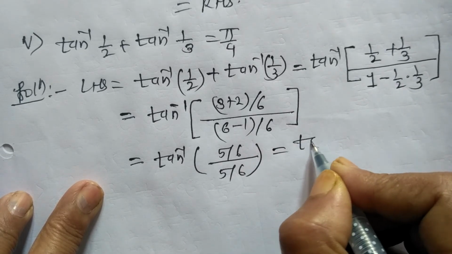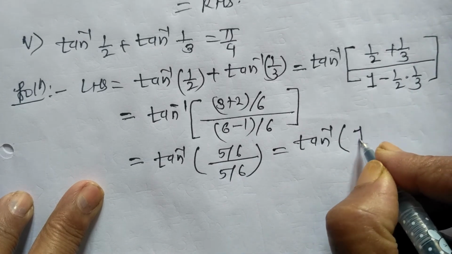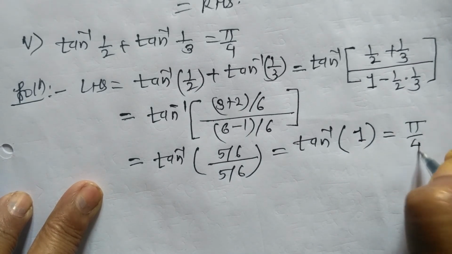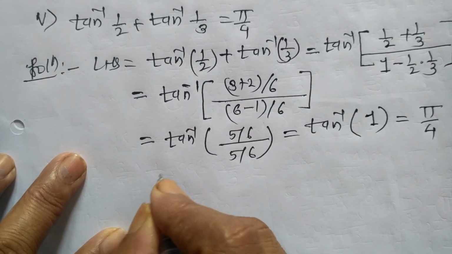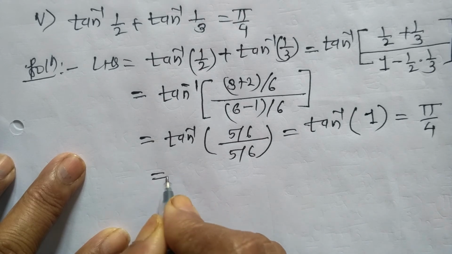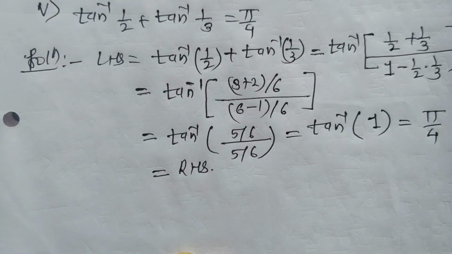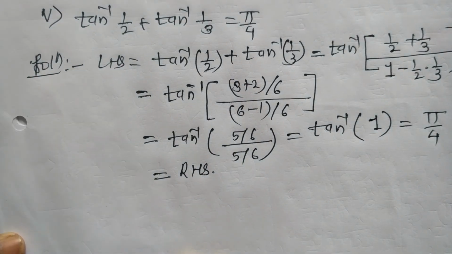So by cancellation of the denominators, both terms being the same, we get the value tan inverse 1. But tan inverse 1 is nothing but pi by 4, by using the concept of principal value. Therefore tan inverse 1 is equal to pi by 4. That is the right side of this equation, and therefore LHS is equal to RHS. With the help of this we have proved it here.